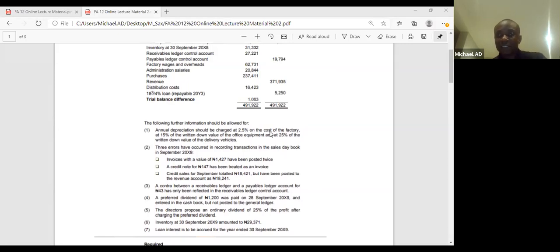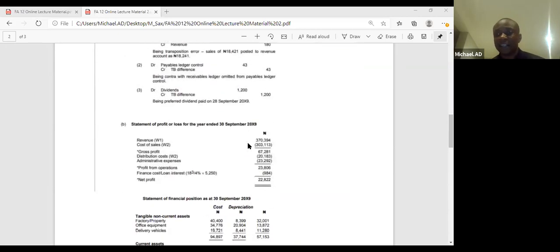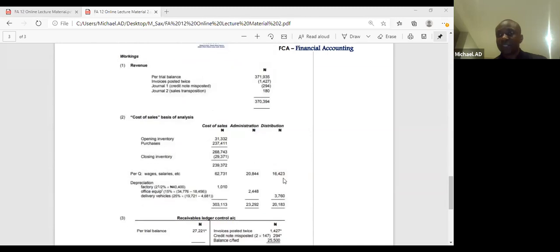Do we have any distribution costs aside from this? Yes, distribution cost of 16,423 naira. These are the two we are adding together to make up our value. 16,423 naira, 3,716 naira.